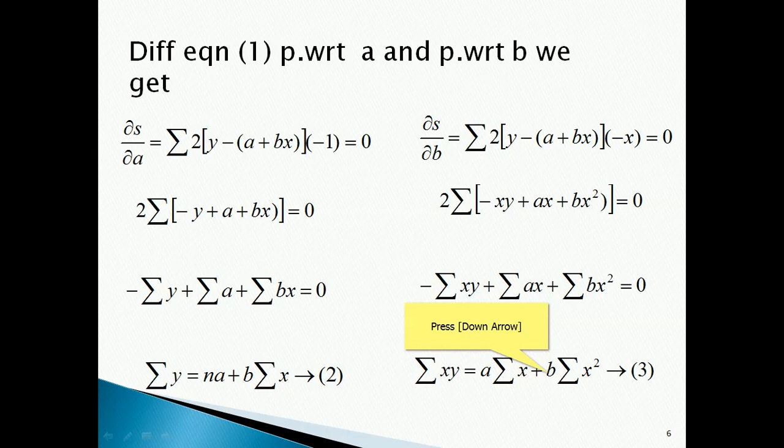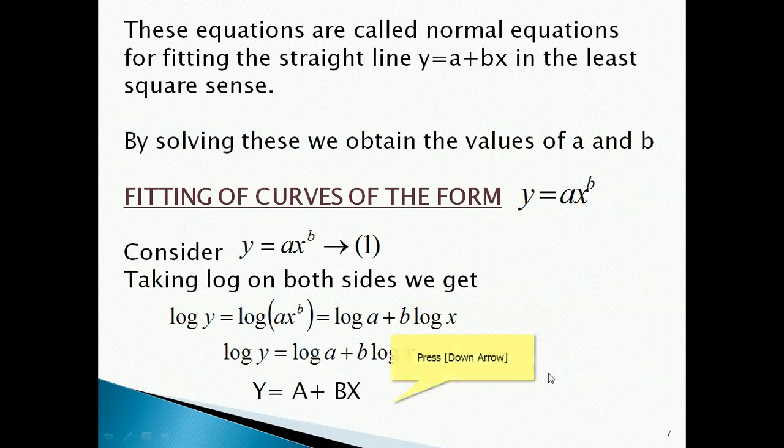Substitute those values in equations 2 and 3. We get two equations in two unknowns a and b. By solving these two equations, we get the a and b values. After getting the a and b values, substitute those values in the equation y is equal to a plus bx. That gives the curve of best fit for the given values of x and y.